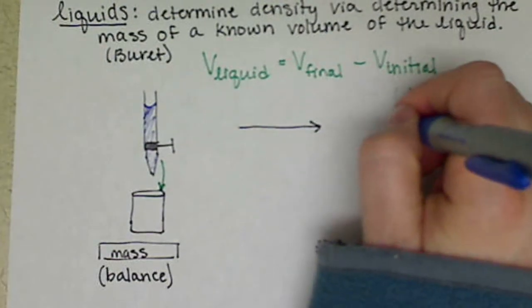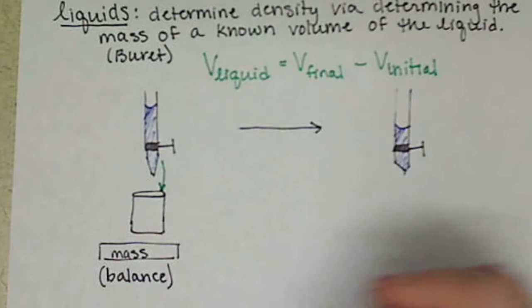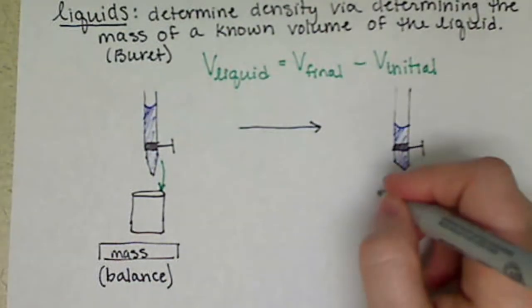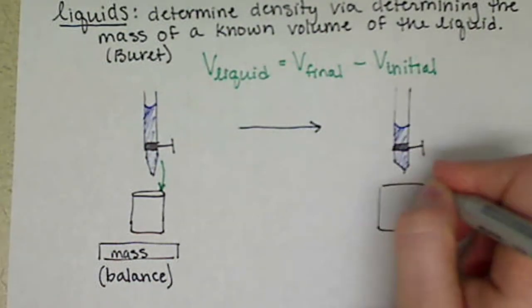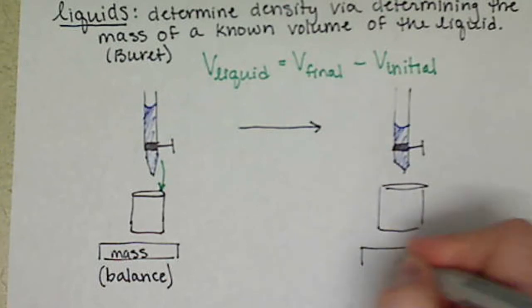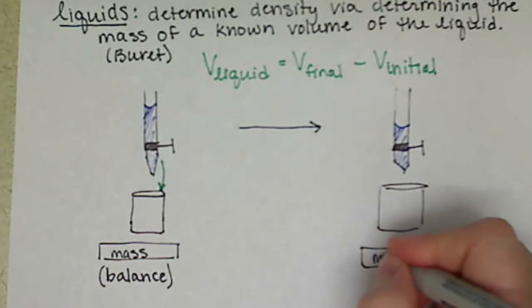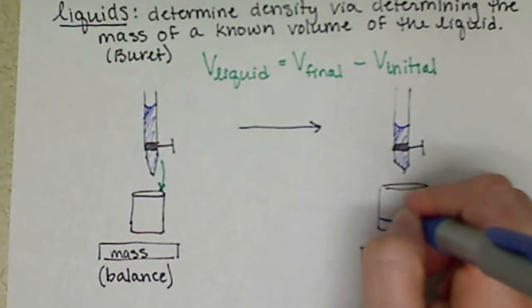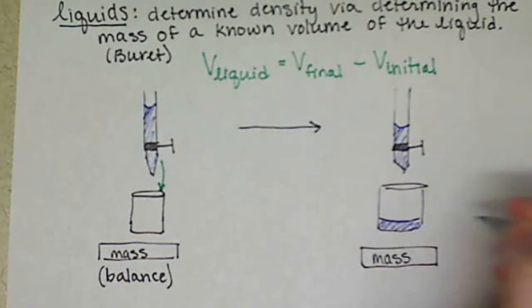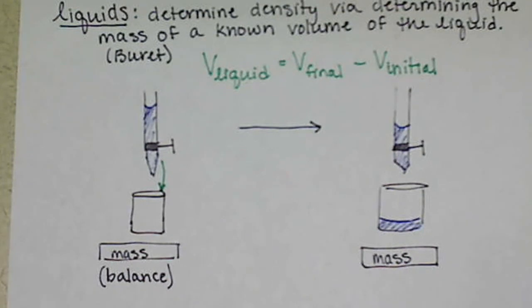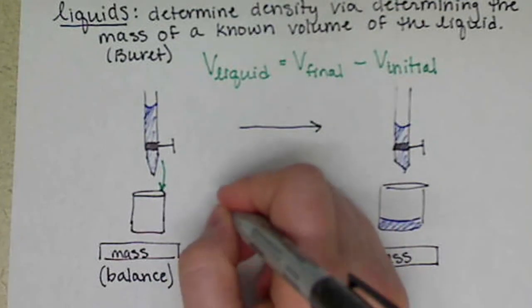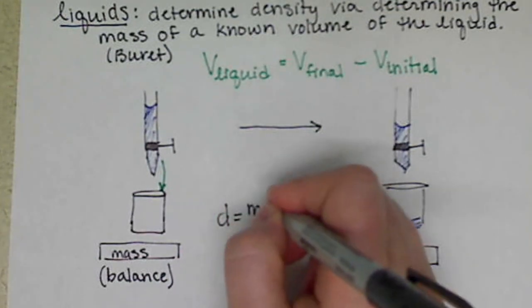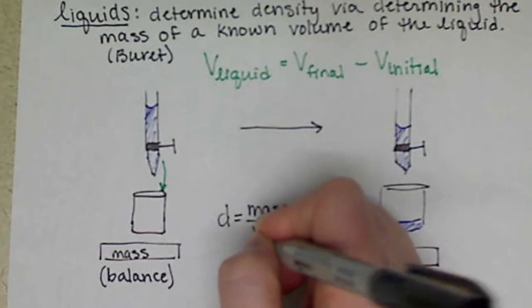So our volume will then decrease. That liquid will then be in our beaker. Then our density of that liquid is going to be the mass of the liquid divided by the volume.